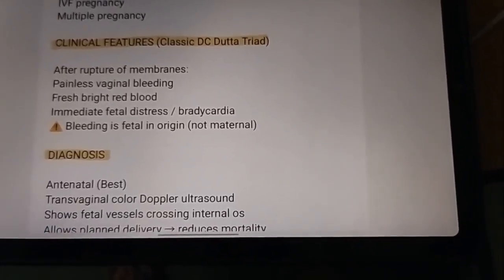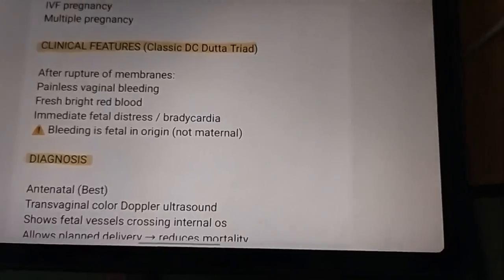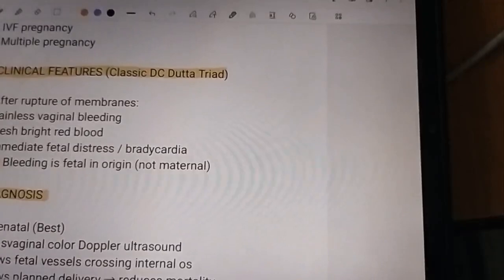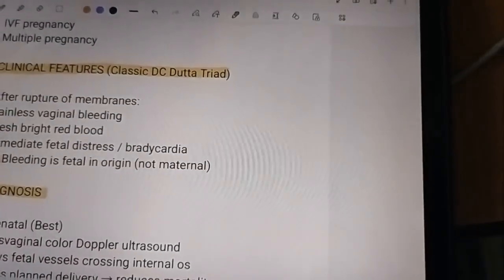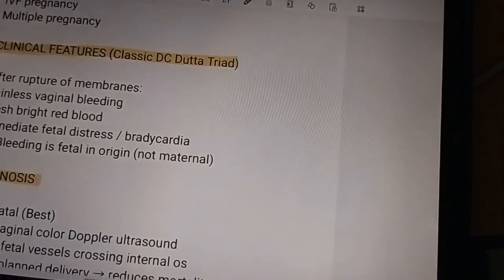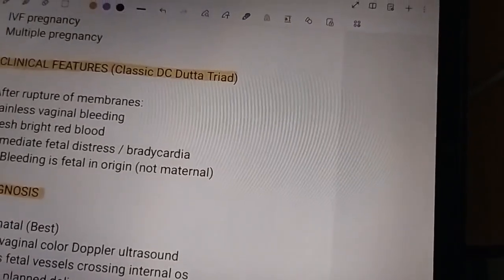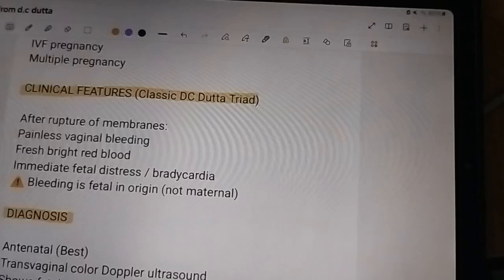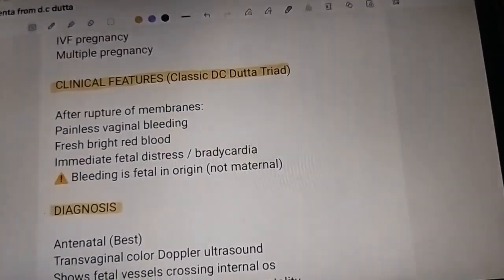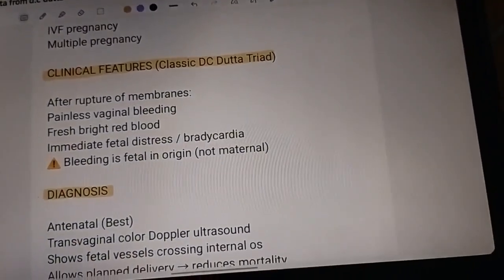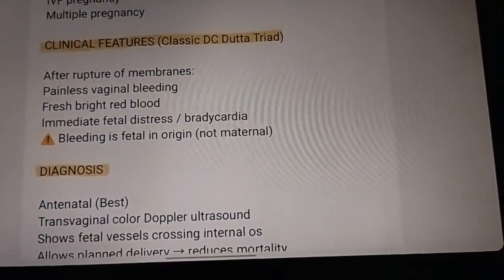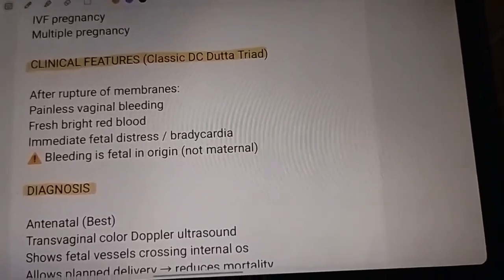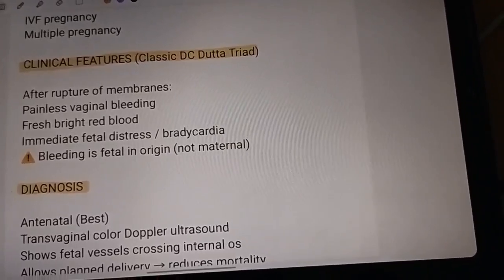In case of Vasa previa, you have to remember the risk factors: velamentous cord insertion, previous C-section, and placenta previa. Then how can we diagnose it? We can diagnose it antenatally by color Doppler, and at the time of bleeding we can also do the single alkali denaturation test, which is not done nowadays.